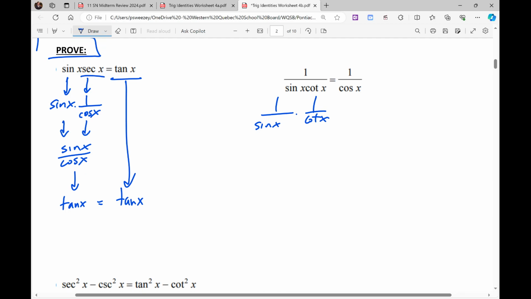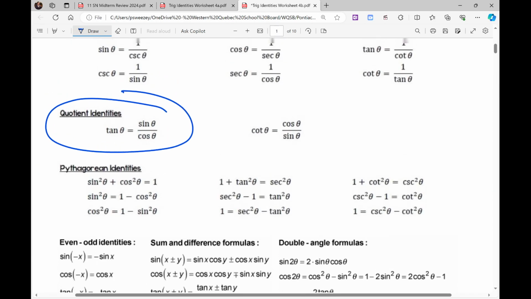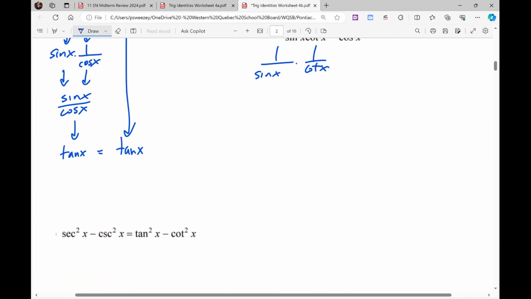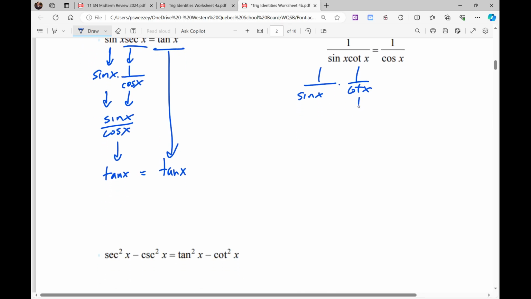Anything that has sine on it, I'm going to leave alone, unless I have to work with it. But the 1 over cotangent x, let's go back up to our identities here. Where can I see that? I see a reciprocal identity. 1 over cotangent is actually tan theta, right? So 1 over cotangent can actually be written as tan x.